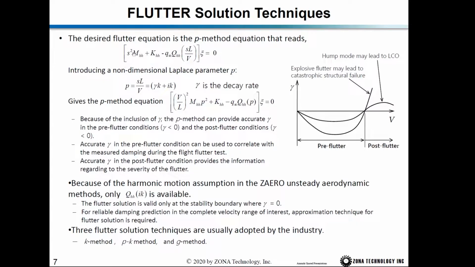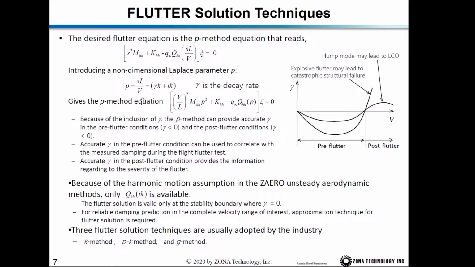The desired Flutter equation is the P method equation that reads, showing here, where MHH is the generalized mass, KHH is the generalized stiffness, and S is the Laplace variable, and Q infinity is the dynamic pressure, QHH is the GAF in Laplace domain.